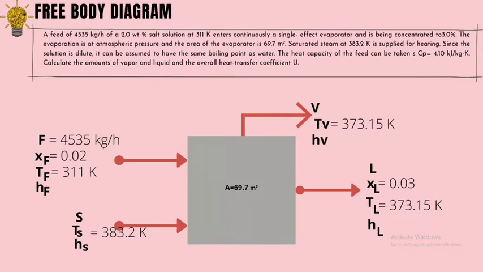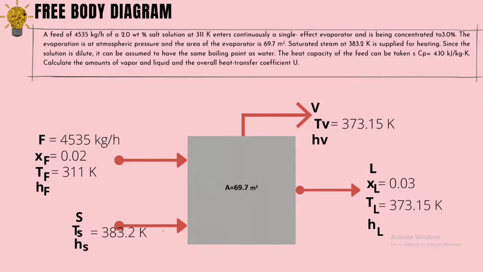Now, first, let's consider the first arrow, which shows the feed of 4,535 kg per hour, the percentage weight given of 2.0%, which in decimal is 0.02, and its temperature at 311 Kelvin.